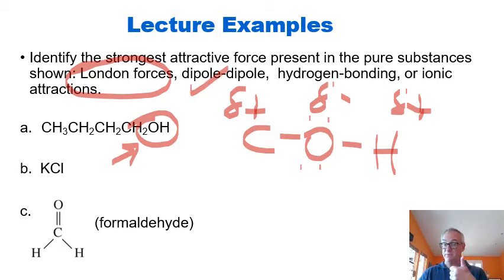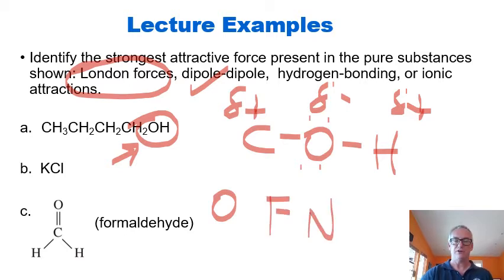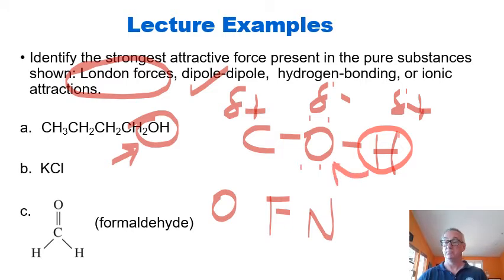Can it hydrogen bond? Now remember, you can only hydrogen bond if you have oxygen, fluorine, or nitrogen. We have an oxygen. Is it bound covalently to a hydrogen? Yes, it is. This oxygen has a hydrogen bound to it.